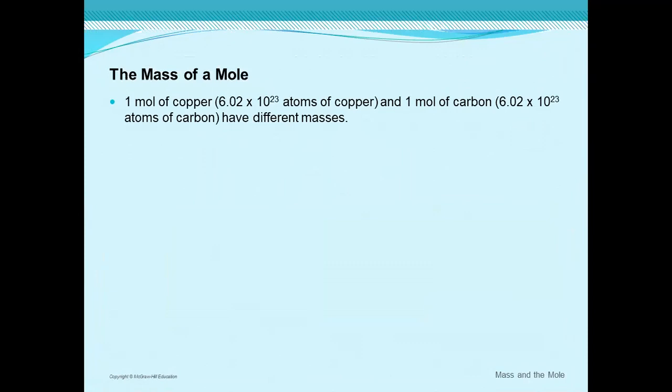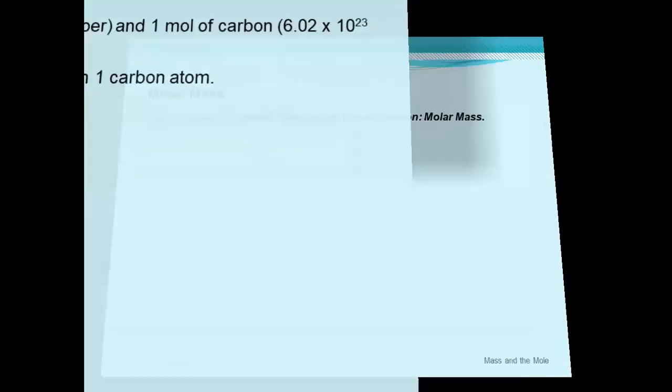They have the same number, Avogadro's number, but they differ in their masses. As 1 copper atom has a different mass than 1 carbon atom, but they have the same Avogadro's number for 1 mole.